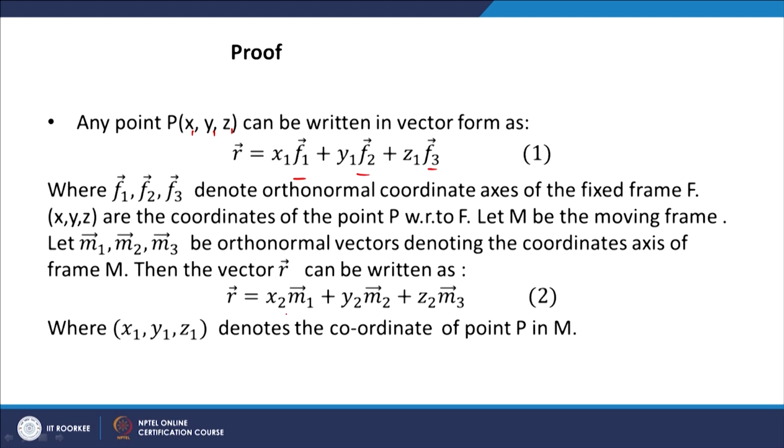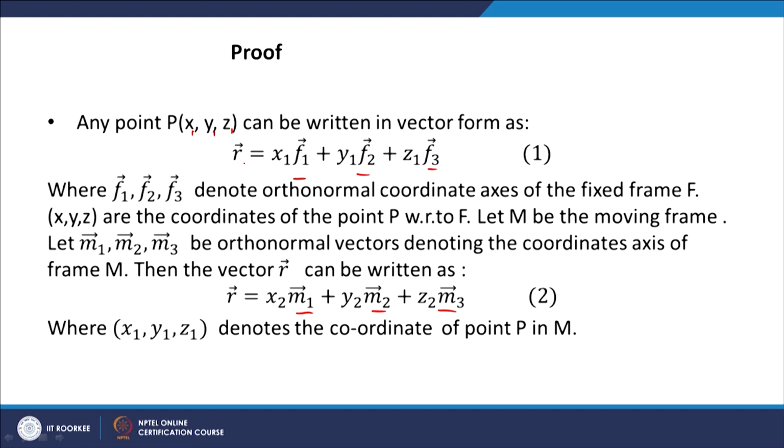Similarly, R can be written in terms of m1, m2, m3. The corresponding coordinates are x2, y2, z2. So, it can be easily seen from here. If I take the dot product both sides with f1, and we know that f1 dot f1 is 1, f2 dot f1 is 0 and f3 dot f1 is also 0.